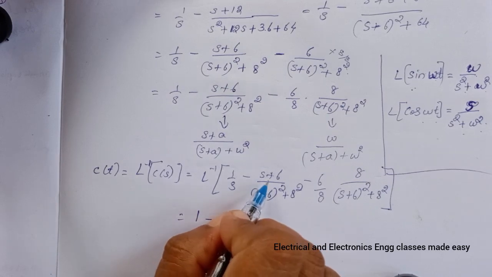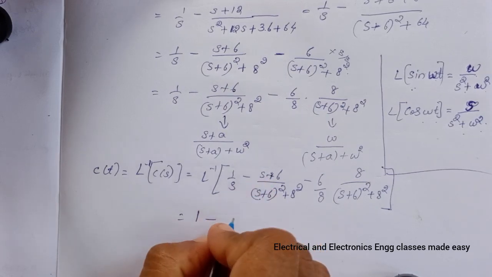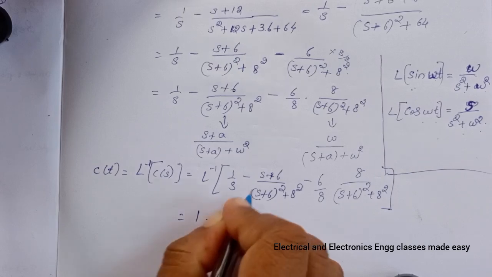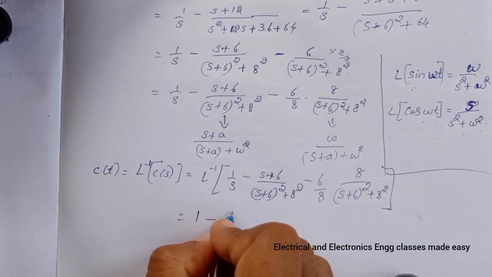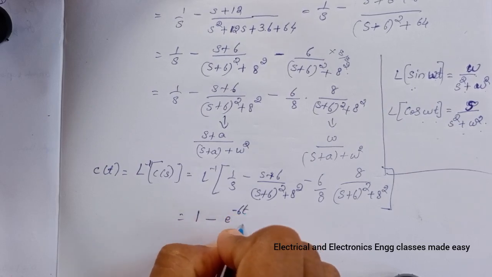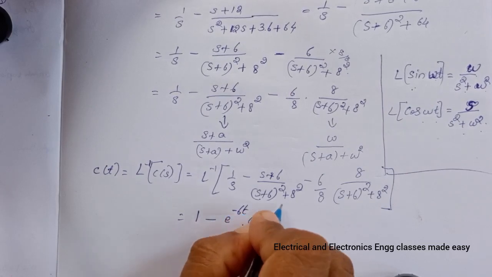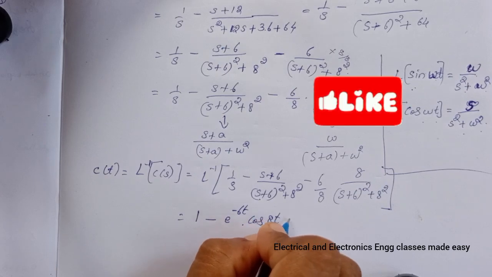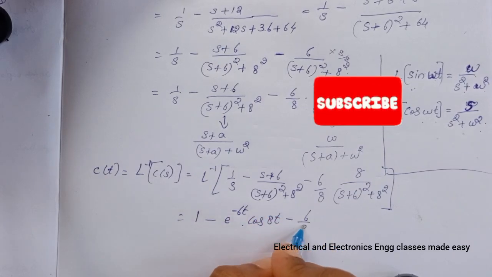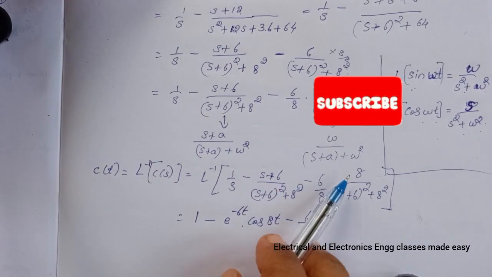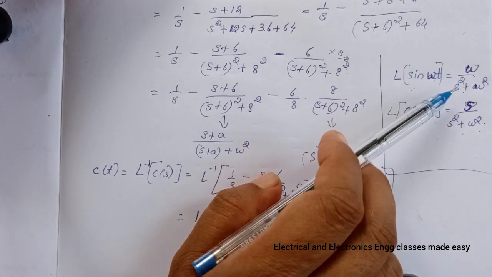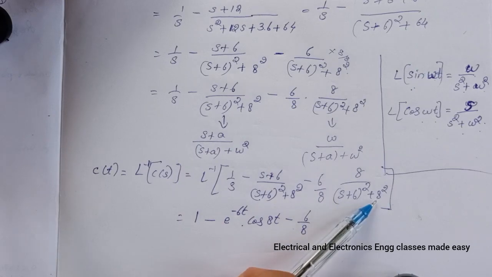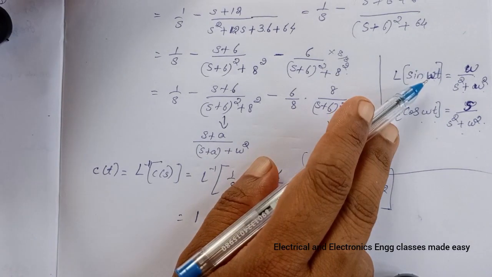So here we have to put e raised to minus 6t, that is e raised to minus 6t into cos 8t, then minus 6 by 8 into, this is in the form of omega divided by s square plus omega square, and that is sine omega t.